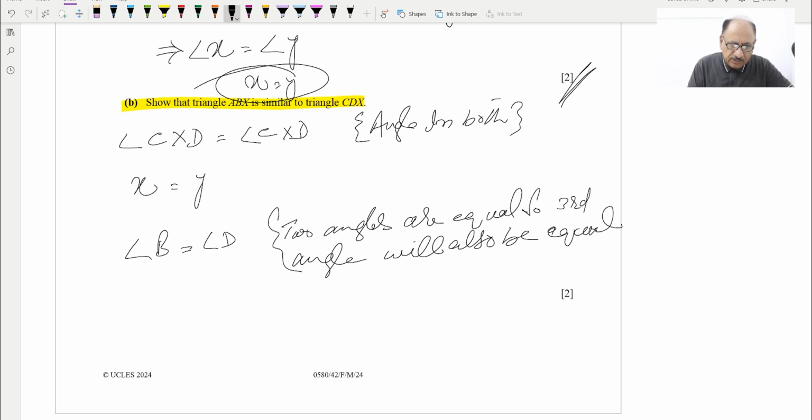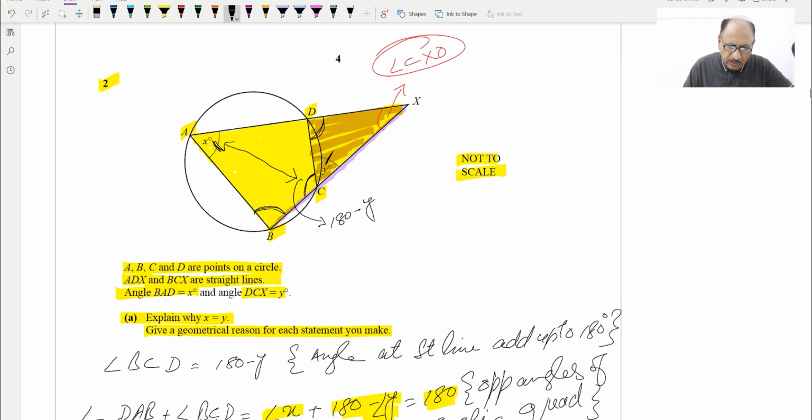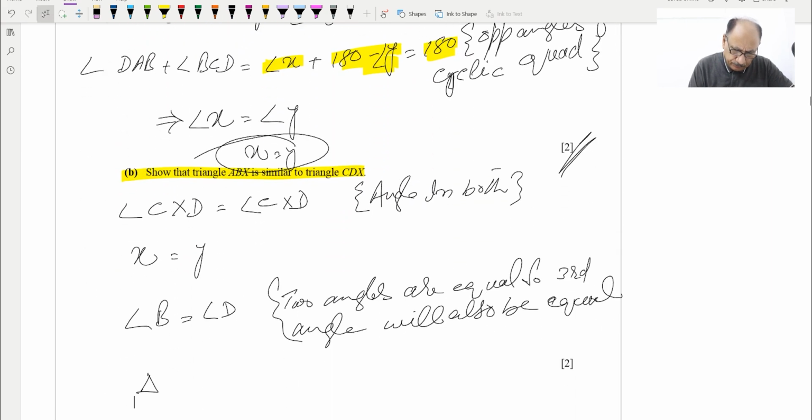Now we can write triangle ABX is similar to triangle CDX, and this was what we needed to prove for 2 marks.